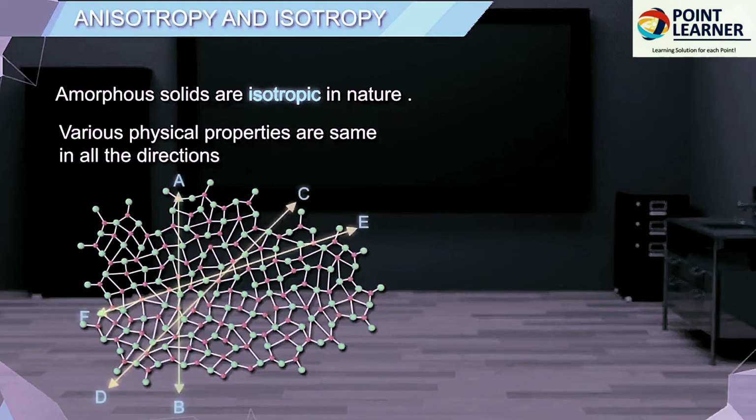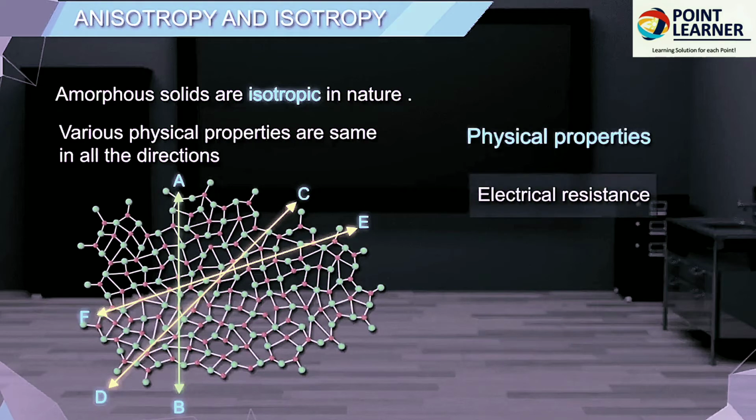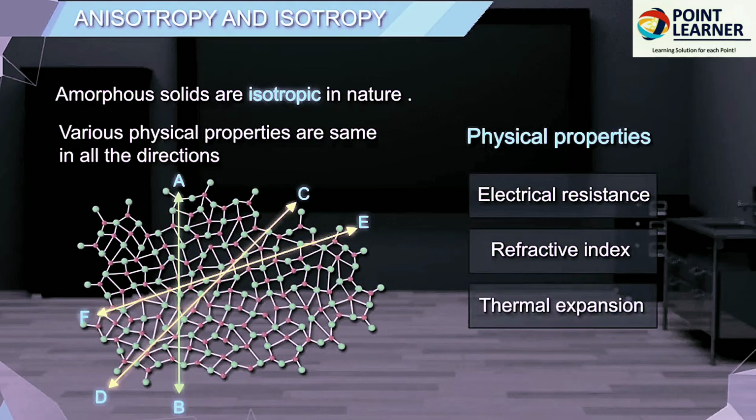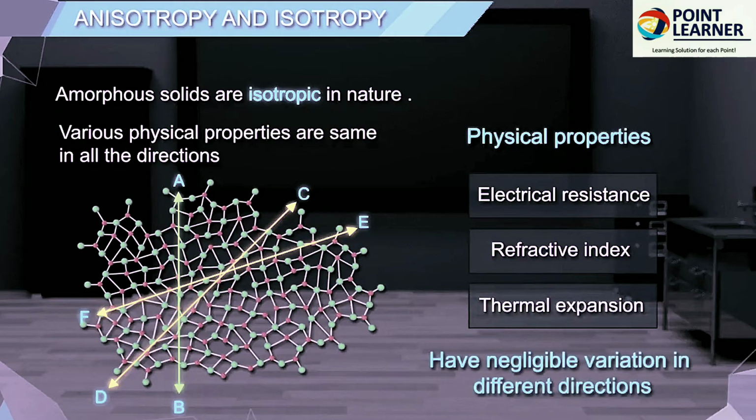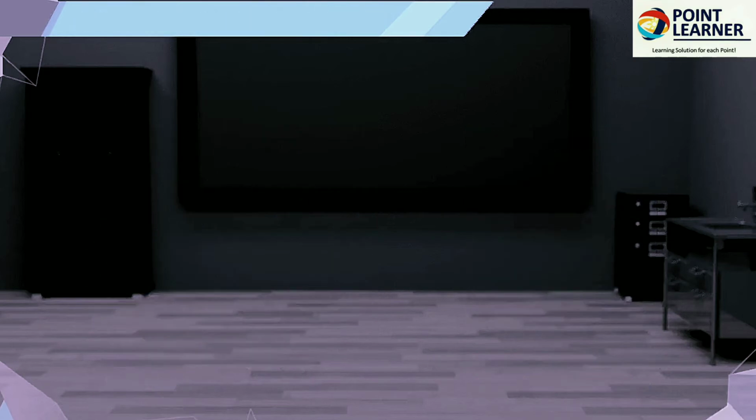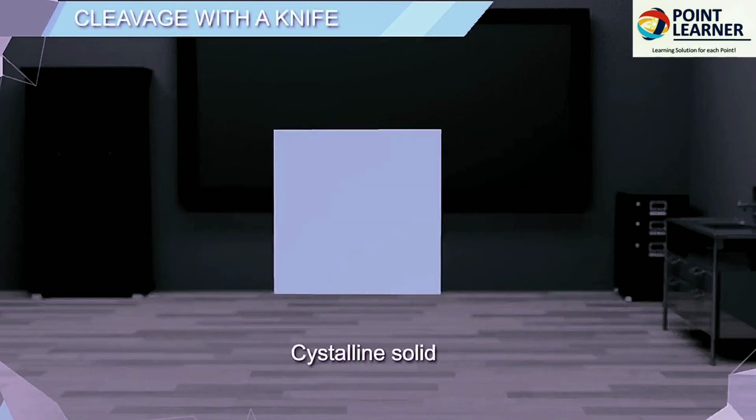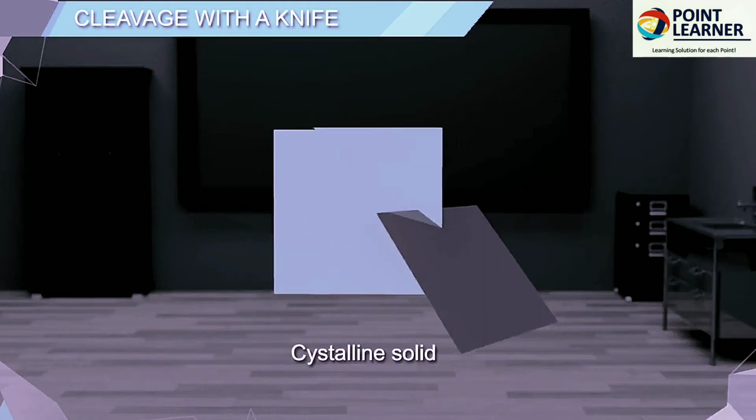It means that various physical properties are same in all the directions. If we consider any direction, the arrangement is completely irregular. Due to this, the physical properties like electrical resistance, refractive index, thermal expansion have negligible variation in different direction.